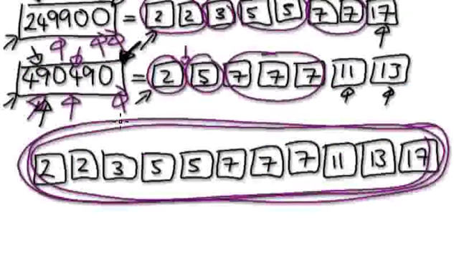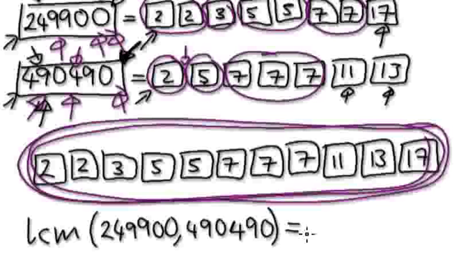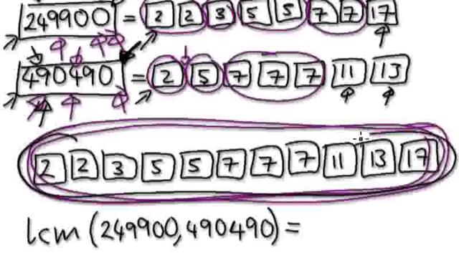The lowest common multiple of 7900 and 490490 is all these blocks multiplied together.